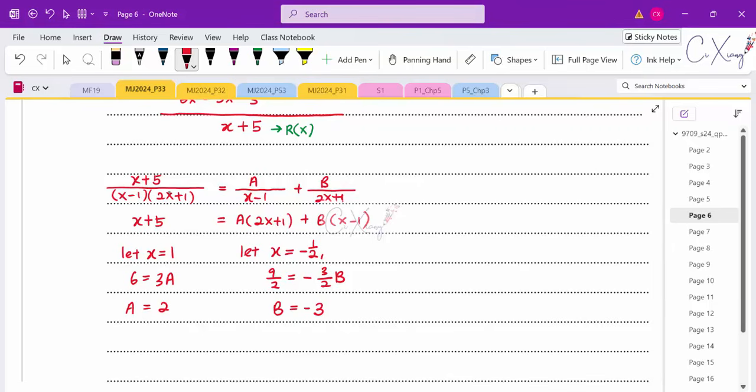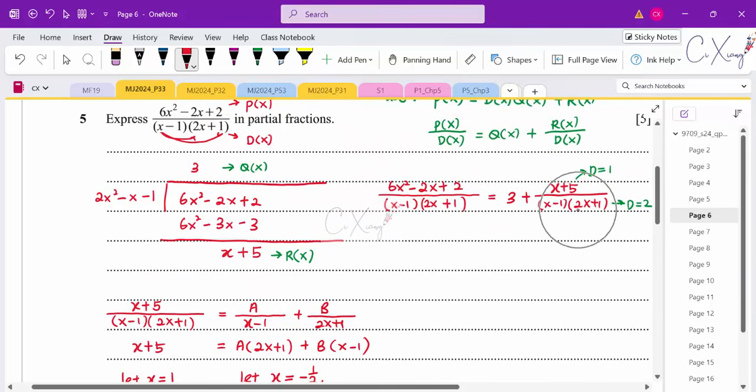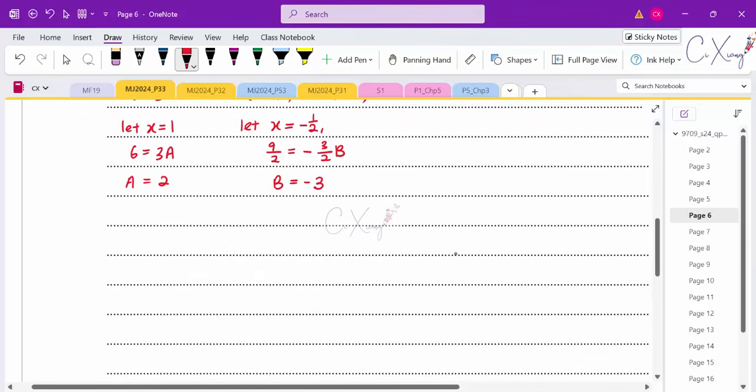That means you successfully found the partial fraction for this fraction. Please substitute it back into this particular step. Alright, so in short, your rational function will look something like this after I separate it into partial fractions. So I'm having x minus 1, 2x plus 1, 3.